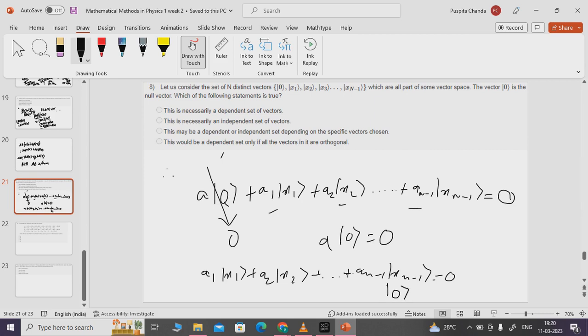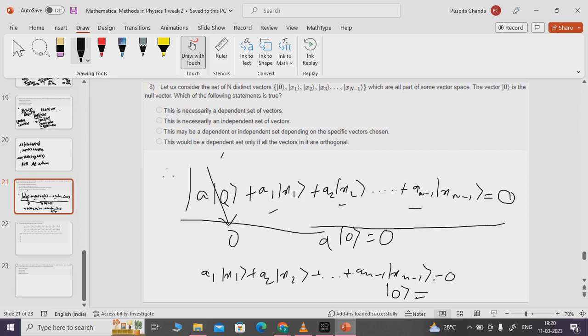So here we can see that for all these vectors to be independent, this condition has to be satisfied.